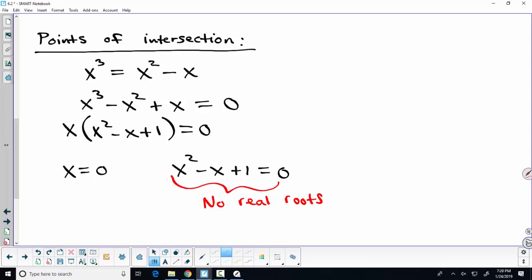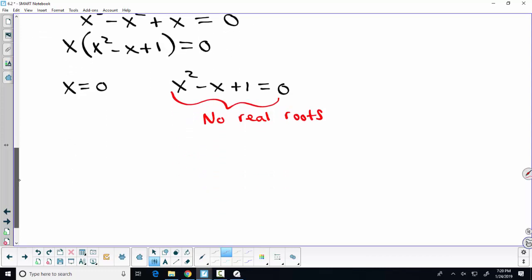What's the fastest way to tell if a quadratic doesn't have any real roots, or doesn't factor in the sense of real numbers? Anybody remember? Do you remember the quadratic formula?